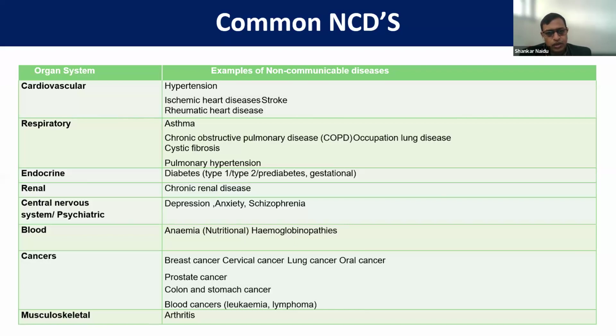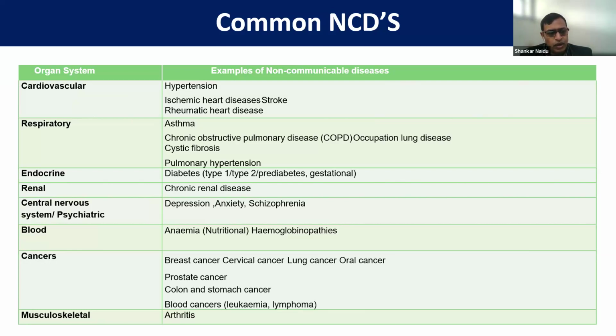Then strokes, either ischemic or hemorrhagic, and rheumatic heart diseases we might sometimes see, even though their prevalence is coming down in recent times. Among the respiratory conditions, asthma, COPD, or occupational lung disease is pretty common even in the general population, and can also be seen in PLHIV.